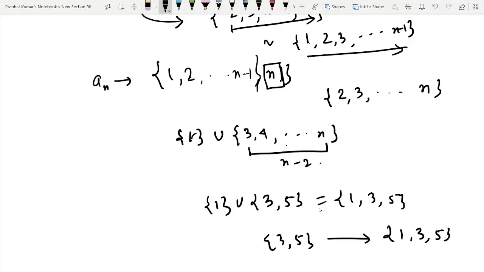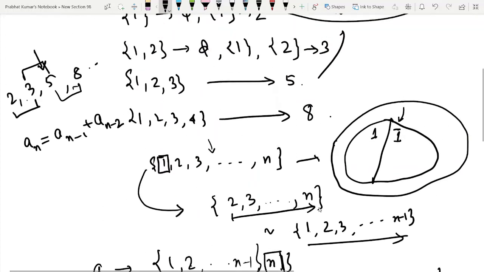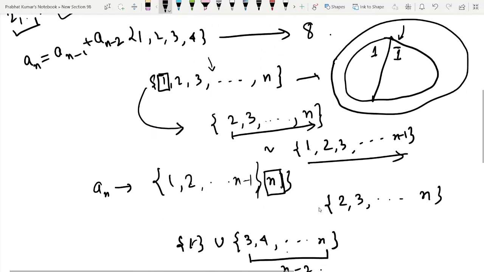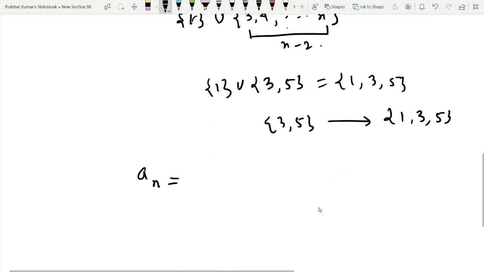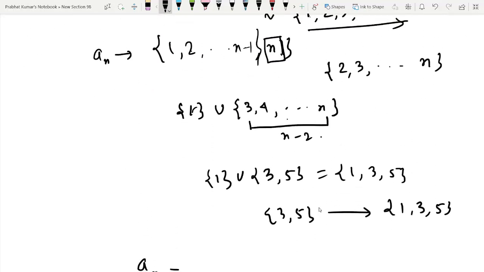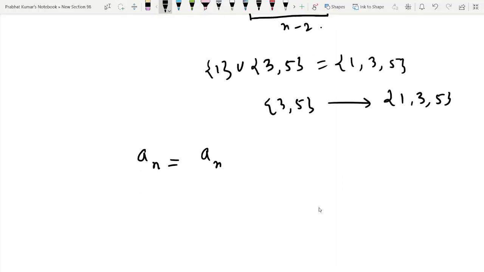So the number of subsets in the original problem is disjointed into two mutually exhaustive cases, right? One is when the subset never contains 1, which comes from a set of n minus 1 consecutive integers, so that is a n minus 1. Plus all of these are the subsets that always contain 1, right?